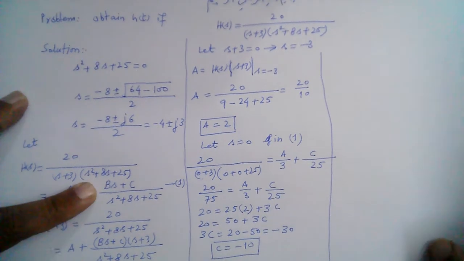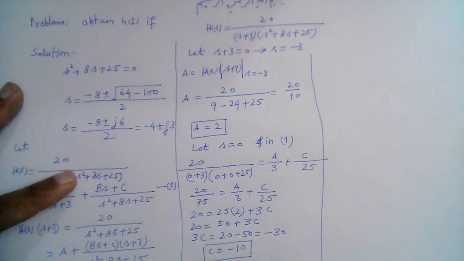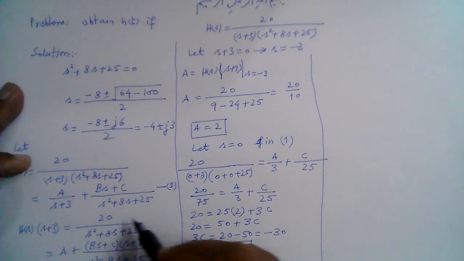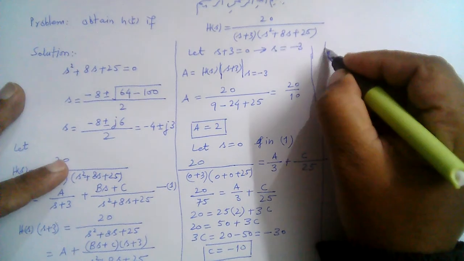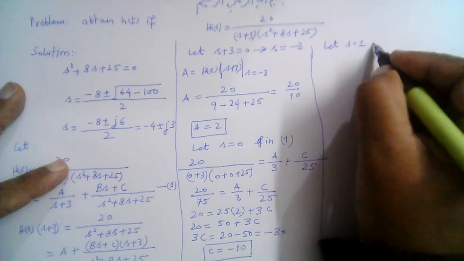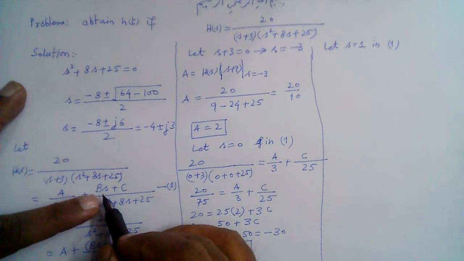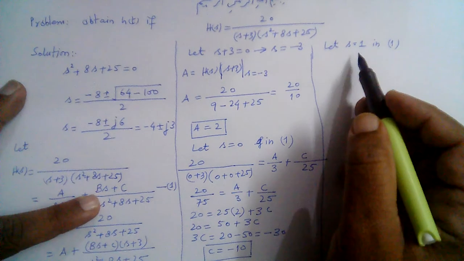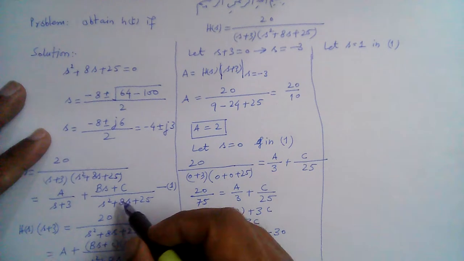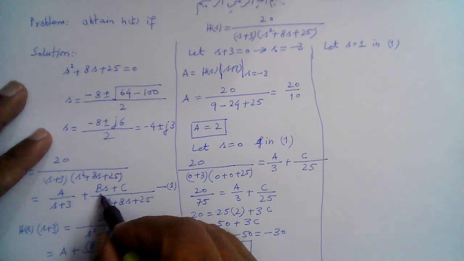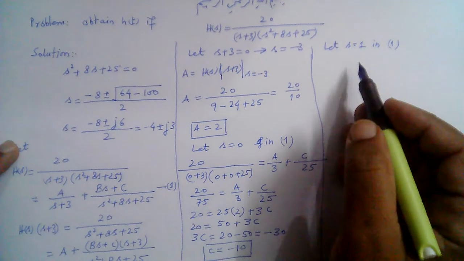So we can now put S is equal to 1 in 1, so that this term is not reduced to 0 now. Because we have substituted S equal to 1, we can then put in the values of A and C to find out the value of B also when S is substituted as 1.